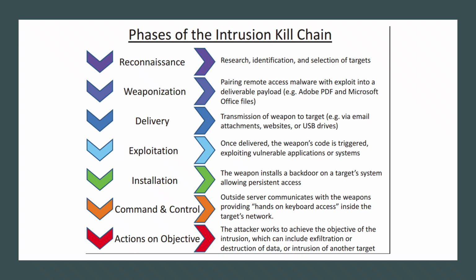By mapping adversary behavior to these stages, defenders can deploy targeted countermeasures, detect malicious activity earlier, and break the chain before critical damage occurs. The Cyber Kill Chain is widely used in incident response, threat hunting, and security operations to strengthen defenses against advanced persistent threats, APTs, and other complex attack campaigns.